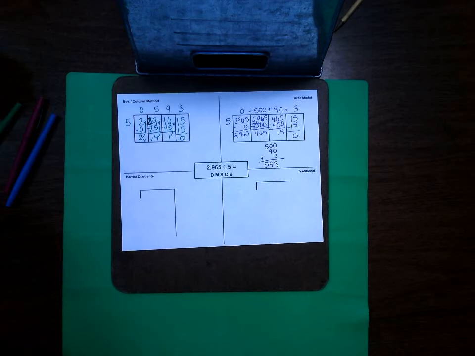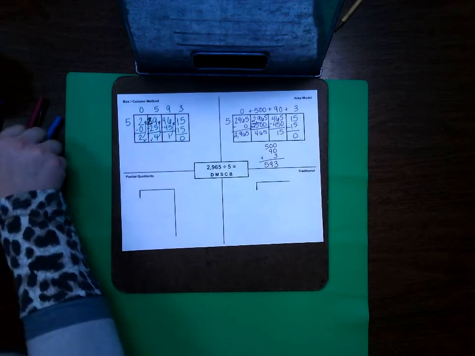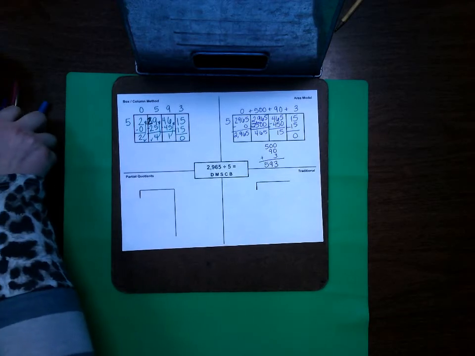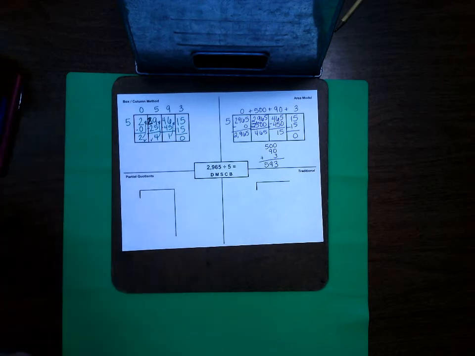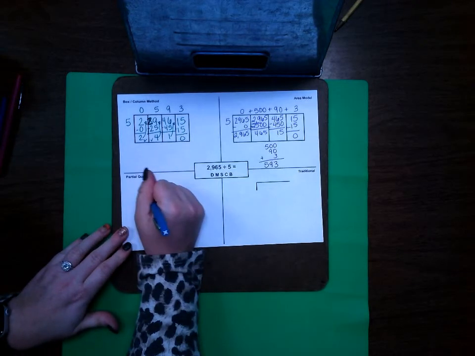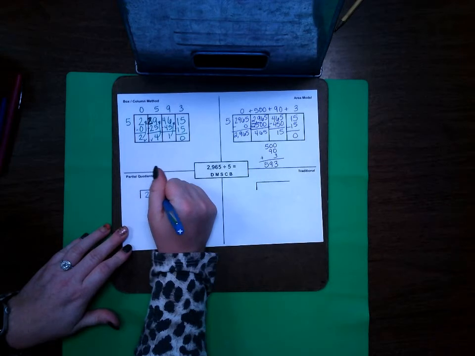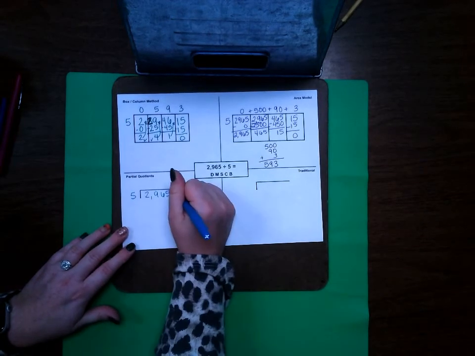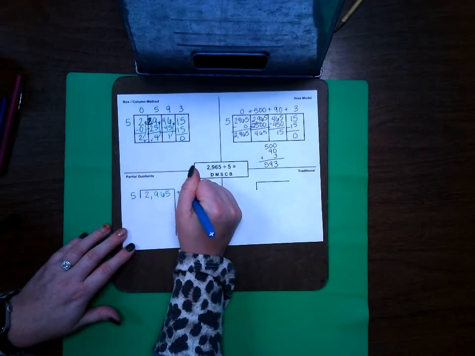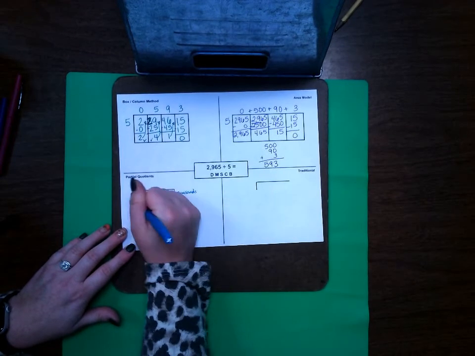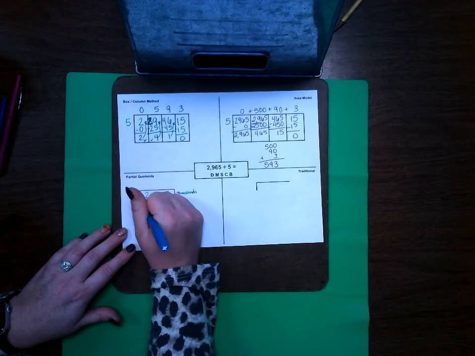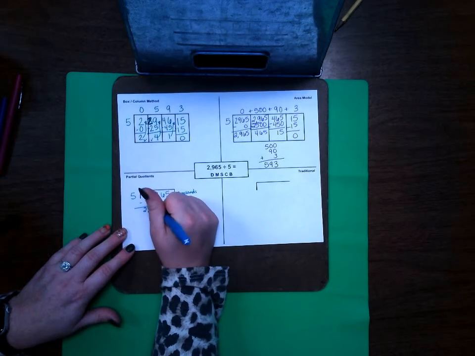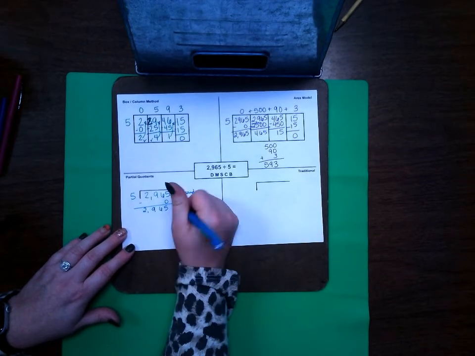Right, now we're going to move on over here to the partial quotients. I'm going to put the entire dividend inside the box, and my divisor is going to go on the outside. Start with my thousands, and I cannot multiply it by anything, so it's going to remain 2,965.